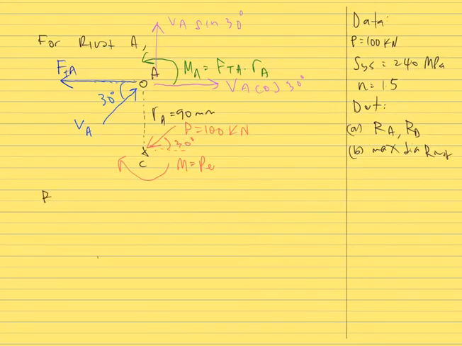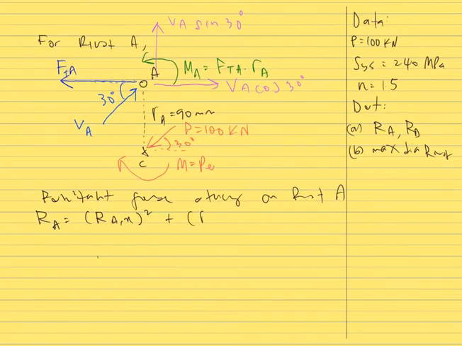So resultant force acting on rivet A is equal to RA, where resultant force on X axis square plus with resultant force at rivet A on Y axis square, and then we square root.